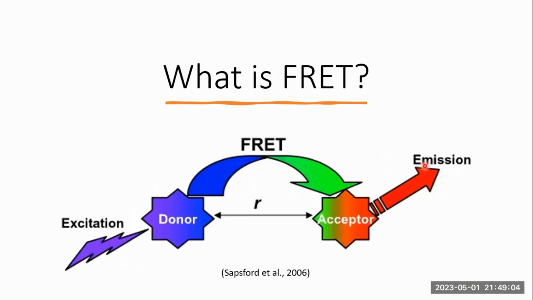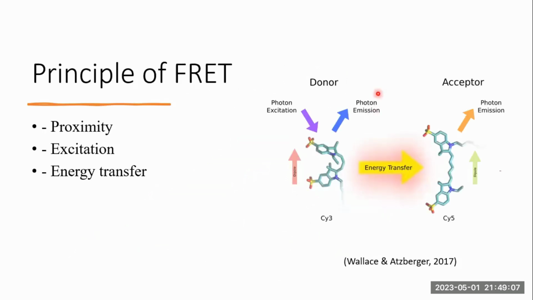Okay, let's delve a little bit deeper. So how does it work? The principle is very simple. Like we already discussed, the proximity, you want the molecules to be within 1 to 10 nanometers of each other. That's the distance you want. We excite the donor molecule, and then it will emit the photon that we need. And then the acceptor molecule will be excited, and then it will emit photon emissions.